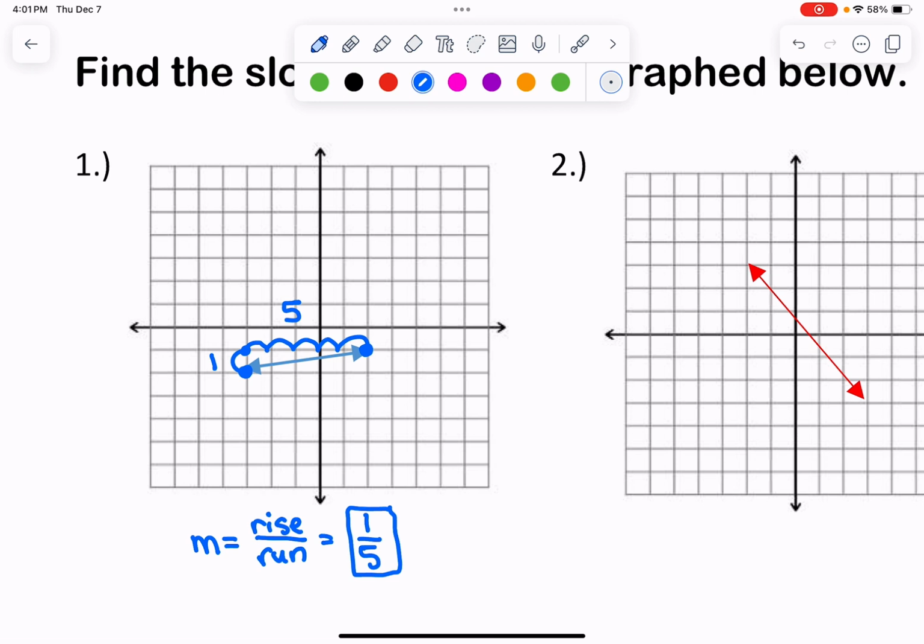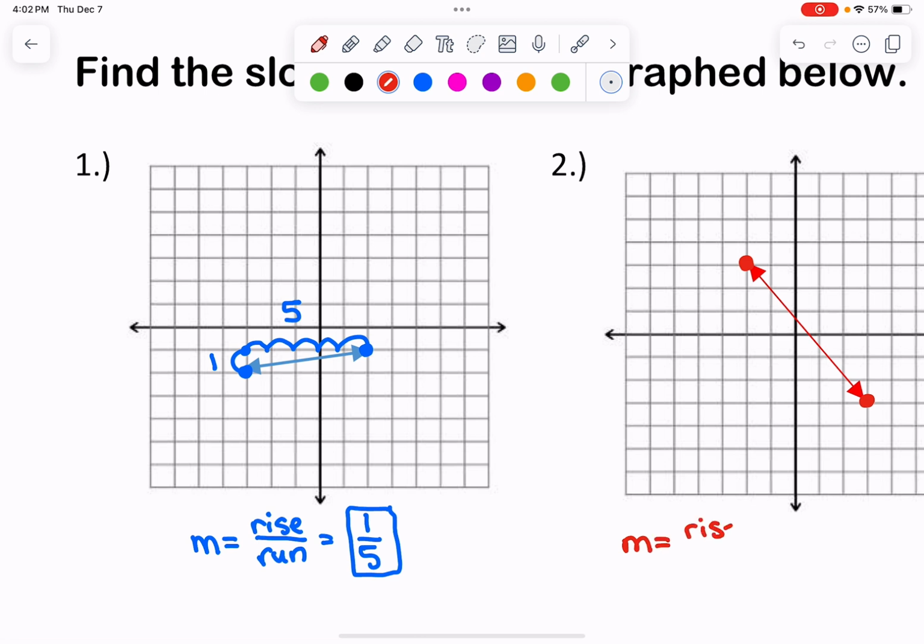Let's take a look at a second one. Number 2 now. We're going to start here, and we're going to go down to this point here. So now we're going to go down 1, 2, 3, 4, 5, and forward 1, 2, 3, 4. So let's go ahead and mark point number 1 and point number 2, and let's count our rise over our run.